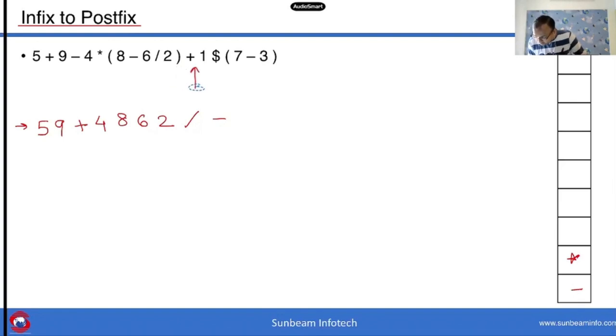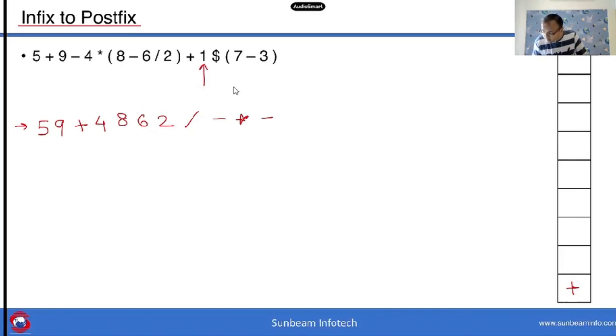And you continue further. Now you got plus. I say that the priority of this is greater or equal to this. Pop that and append it. Priority of this is not greater but equal to this. Just pop and append that. Continue further. You put it onto the stack. Now you continue further.